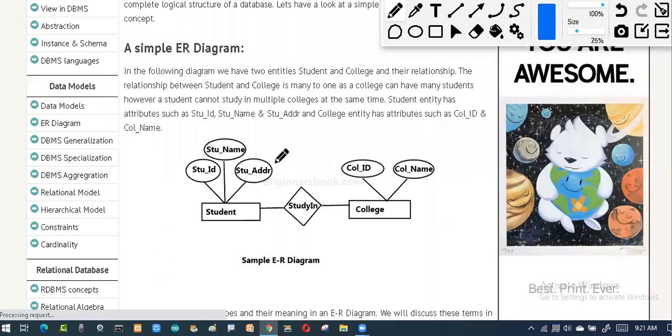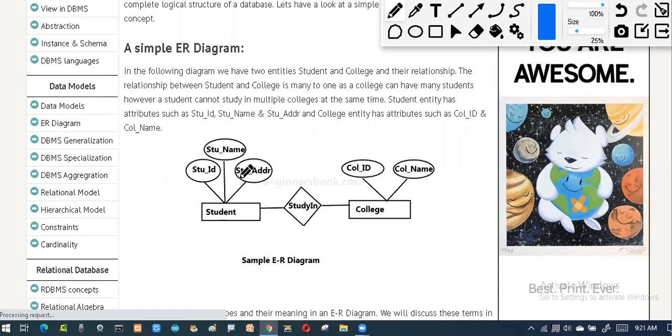The student, which is pictorially represented in the form of a rectangle, we call an entity. Here you can see college is an entity, student is an entity. Student name, student ID, college ID, college name are the properties of that particular entity. In our terminology, we call these attributes.